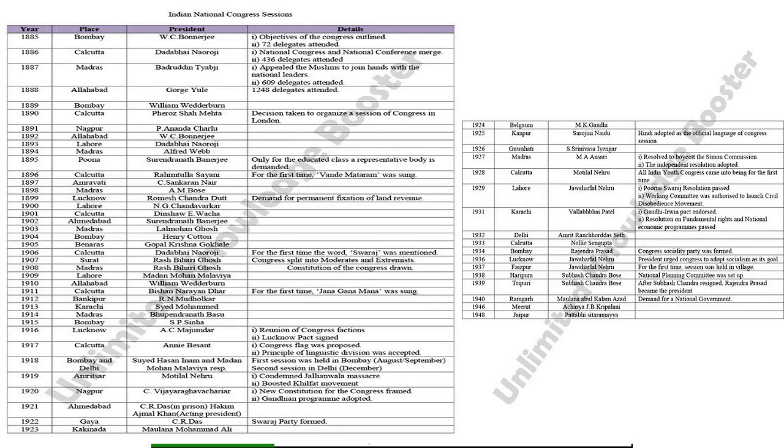Congress conducted many sessions across India starting from 1885 up to 1948. The first session in 1885 was held at Bombay and the president was Womesh Chandra Banerjee. The second session in 1886 was held in Calcutta and the president was Dadabhai Naoroji. And the third session in 1887 was held in Madras and the president was Badruddin Tyabji, the first Muslim president.